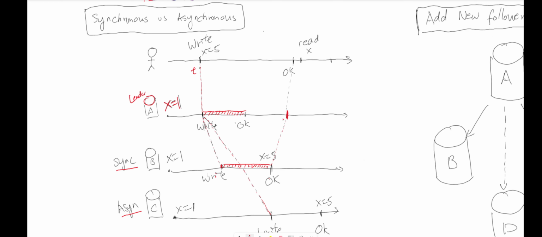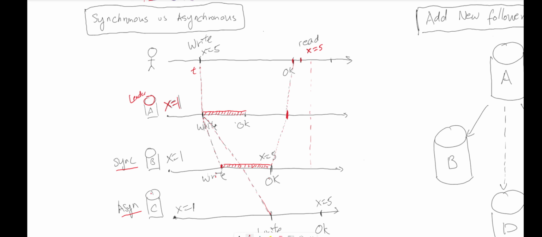So here, once both A and B are completed, it sends the OK response back to the client. And so when the client tries to now read x, if the read request lands on either the leader or node B, we're going to see x equal to 5.